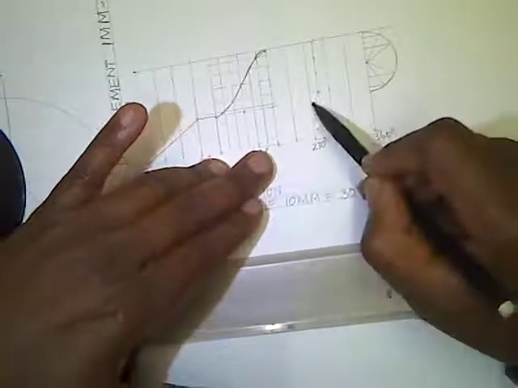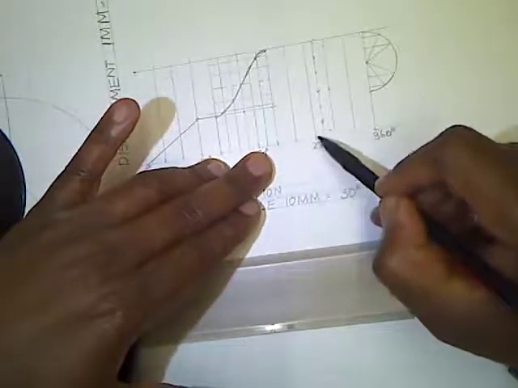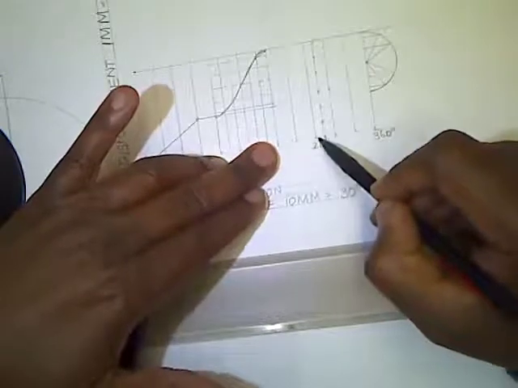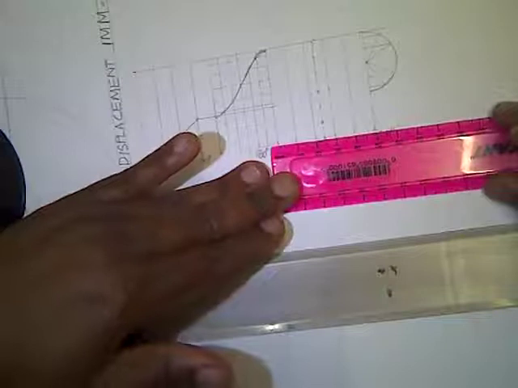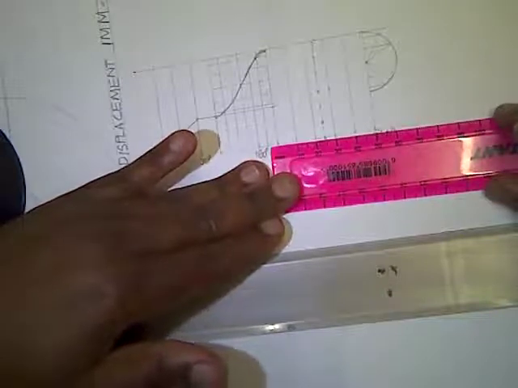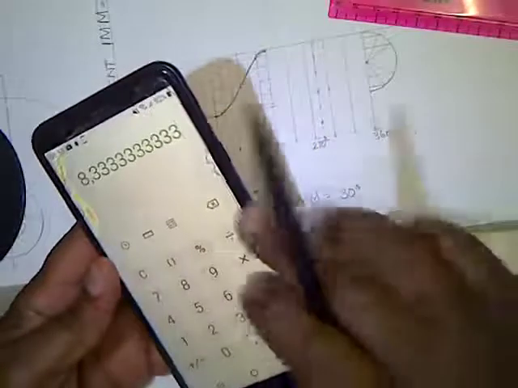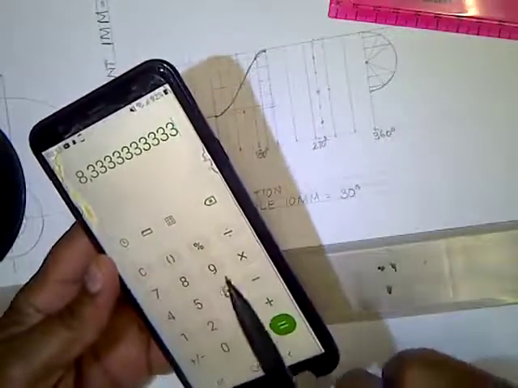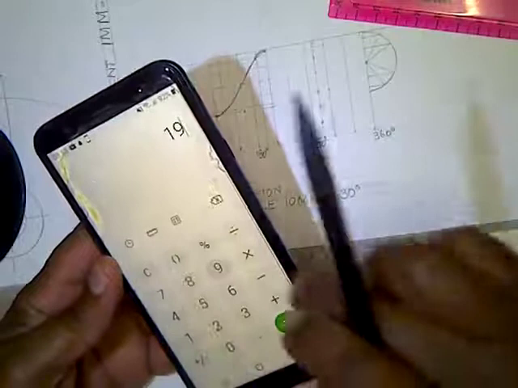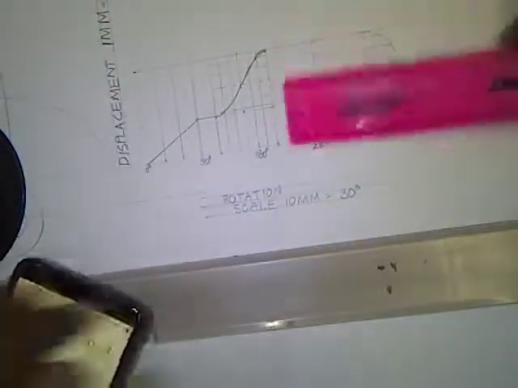I want to divide this distance into 3 equal parts, so that it can be even. So that will mean 19 divided by 3. That will mean almost 6 millimeters apart.